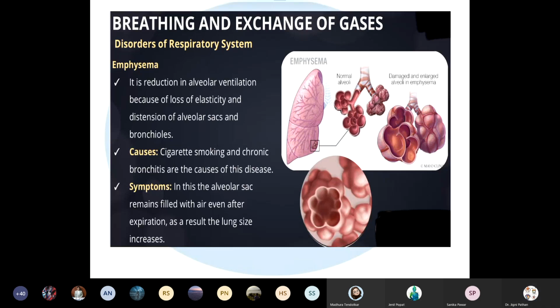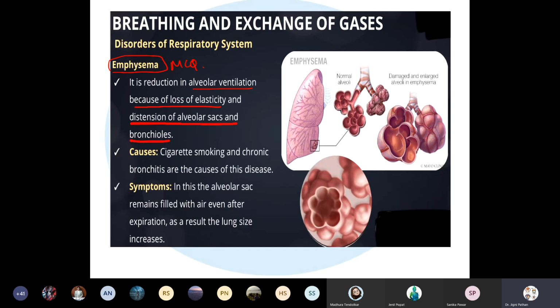Next is very, very, very important. Many times this MCQ is asked in your medical exam paper. The disorder related to the respiratory system is emphysema. So what is emphysema? It is a reduction in the alveolar ventilation because of loss of elasticity and distension of the alveolar sac and the bronchioles.